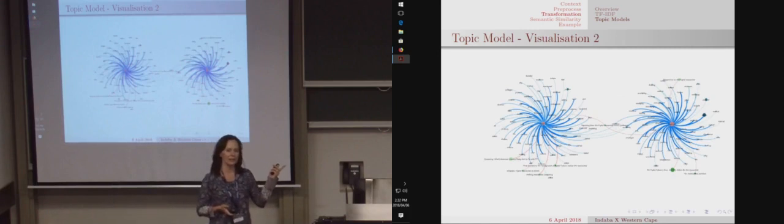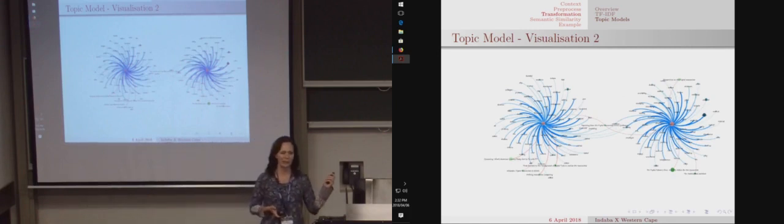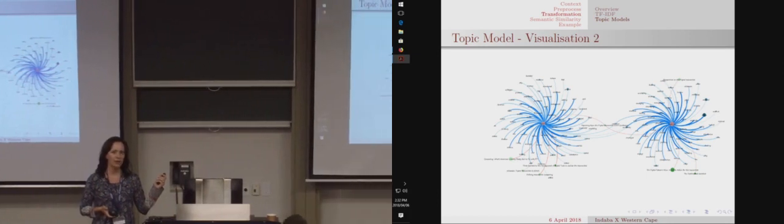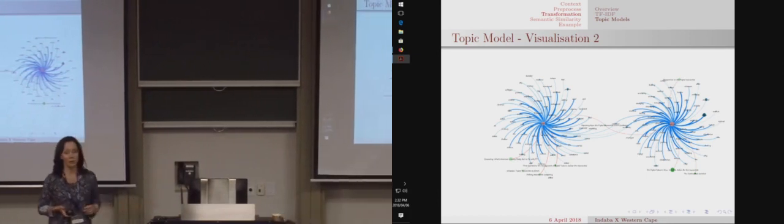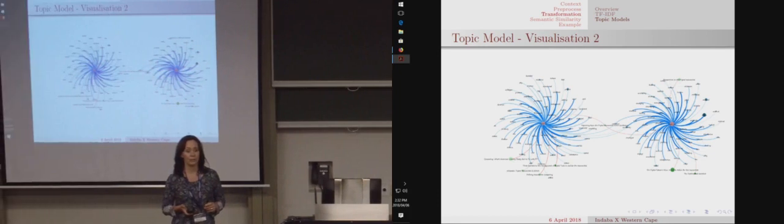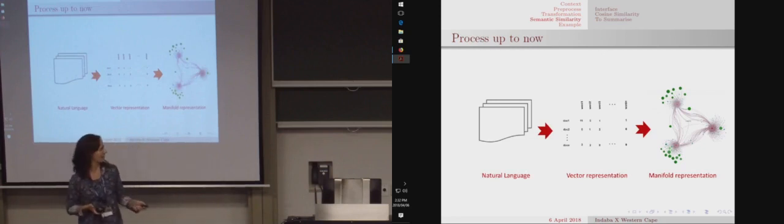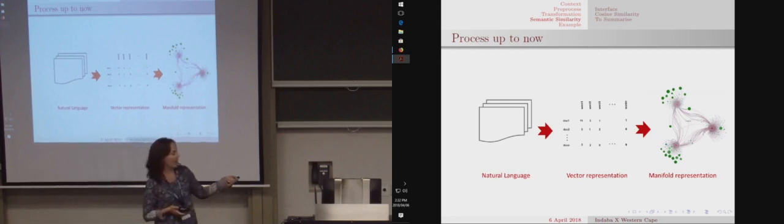And this was made in a software called Gephi, G-E-P-H-I. It's really a very nice software package if you want to do pretty visualizations. So, where are we now? What have we done so far? Here we have our text.